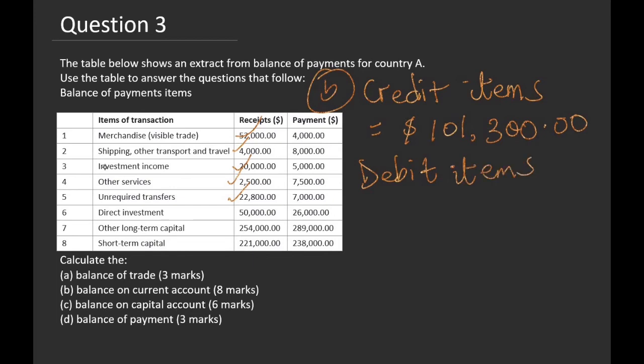Now let's look at the debit items. It will give you 40,000, 8,000, 5,000, 7,500, 7,000. In total, the debit items will be 67,500.